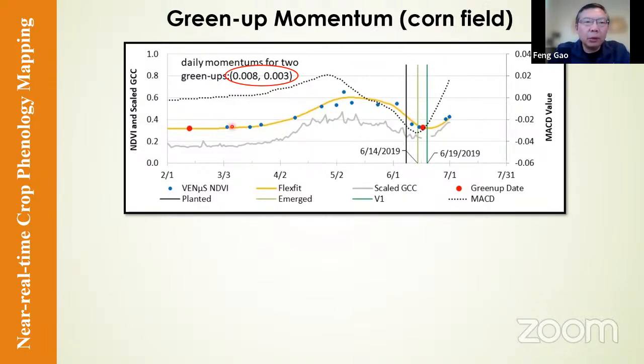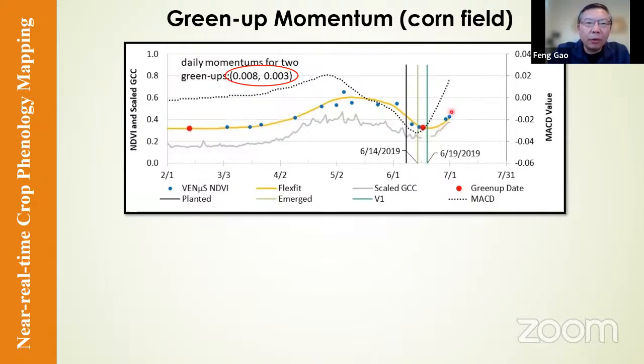It has a 2-day repeat, but there's a lot of cloud, of course, in the winter time, and snow. In this time series, we can fit and identify two growing-up dates. The first growing-up date is actually associated with the wheat, and the second is the growing-up date for the corn.